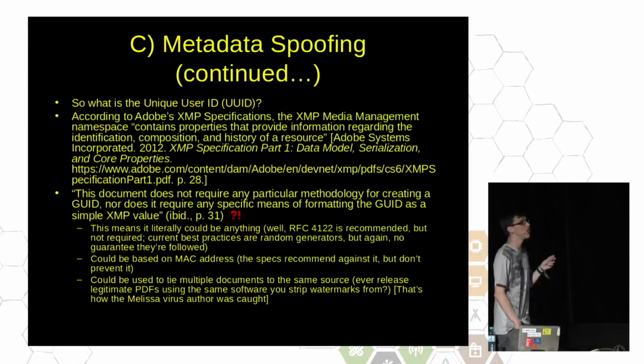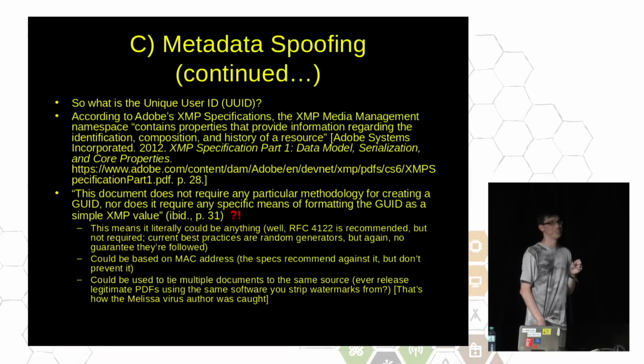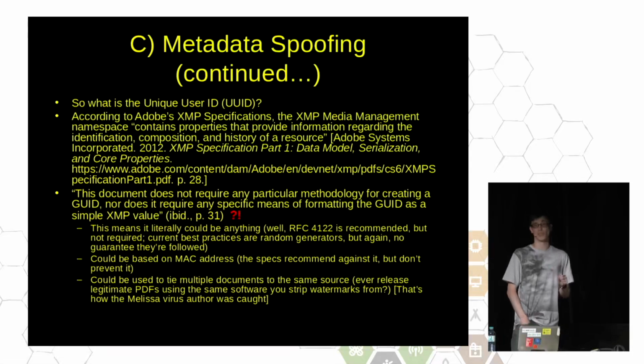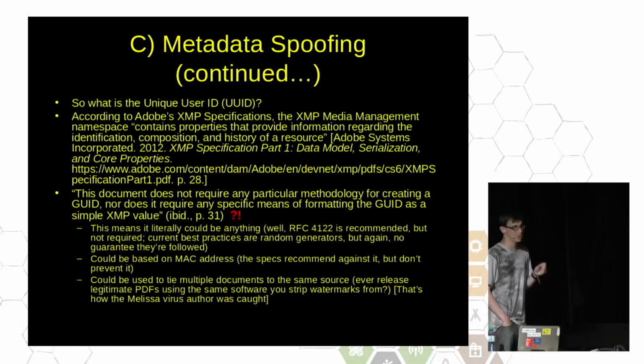In other words, the UUID is dangerous. Adobe specifications did not dictate that you needed to use the latest UUID implementation, which is a random number generator. So in theory, any potential PDF printer that you use could be using UUIDs that will, again, allow traitor tracing. So in other words, they need to be taken care of.